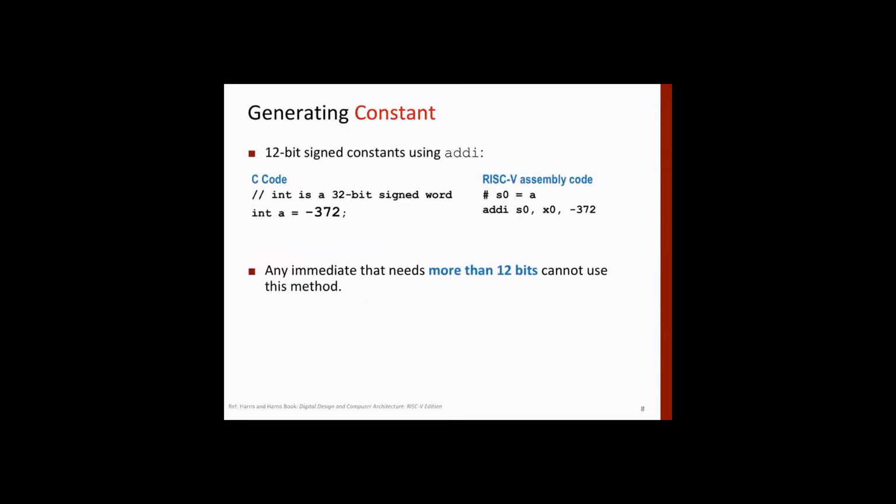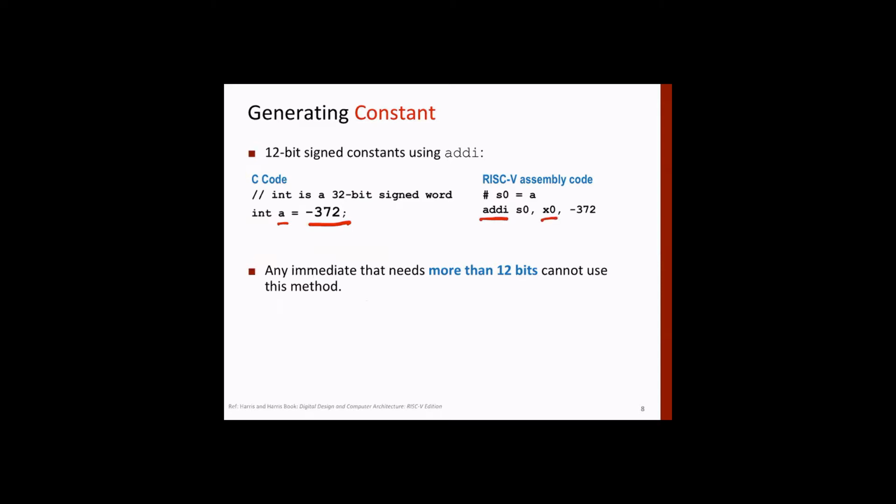So let's look at today how to generate a constant. It means that we want to bring a constant to a register. For example, your C program will say assign to variable A the value minus 372. Now in assembly, we can simply do this using the ADDI instruction with register x0.